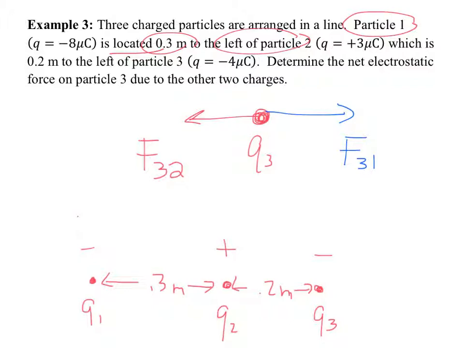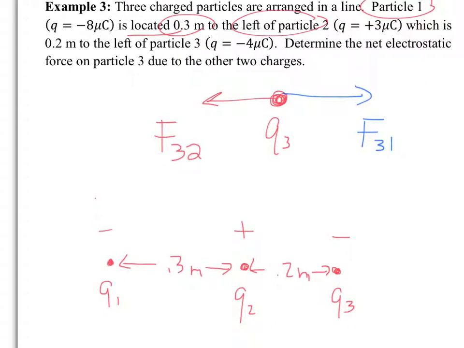Now, that means I need to calculate the electric force here and the electric force here. So if I want to calculate the electric force, I have to label these now. Q1 is -8 microcoulombs. Q2 was 3 microcoulombs. And Q3 was -4 microcoulombs.